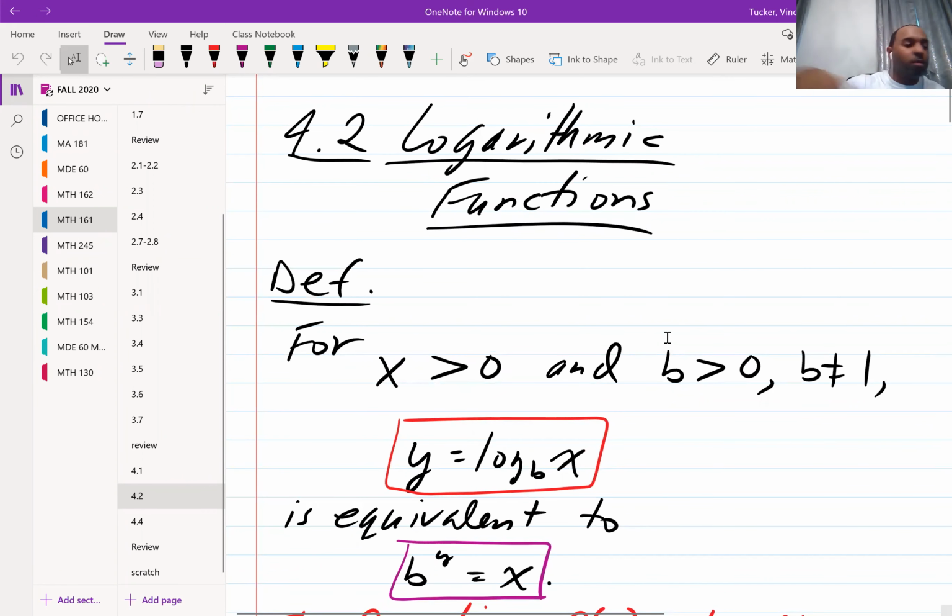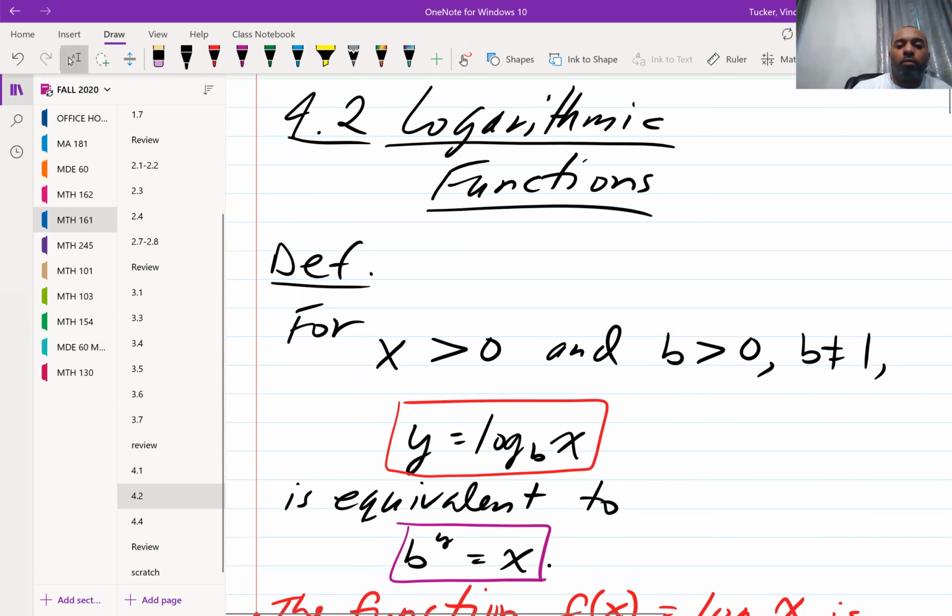And I can write that a little bit better. So it's log base b of x, and the exponential way of writing that is b to the y power equal to x. So both of these equate out to give you the same relationship.